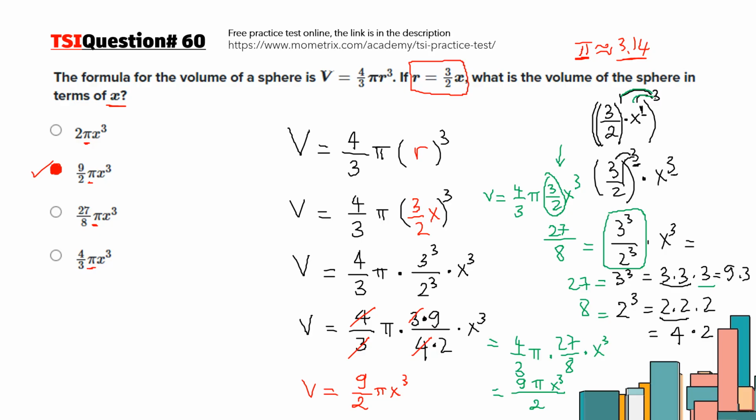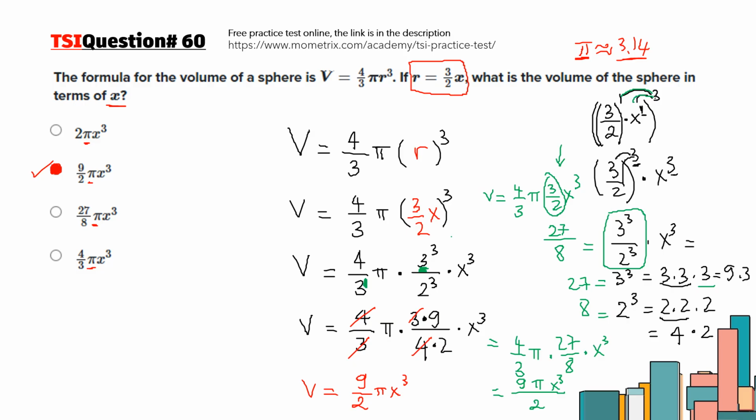But if you know how many factors a cube has of that number, you can just cancel. This one has 1 factor of 3, this one has 3 factors, so you cancel. You have 2 left, so 3 squared is 9.